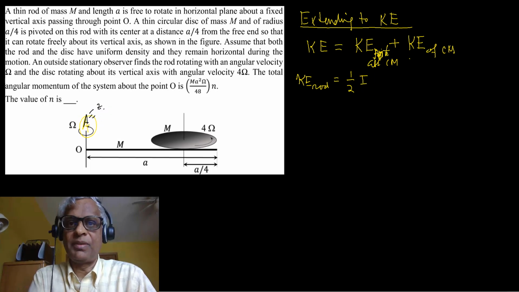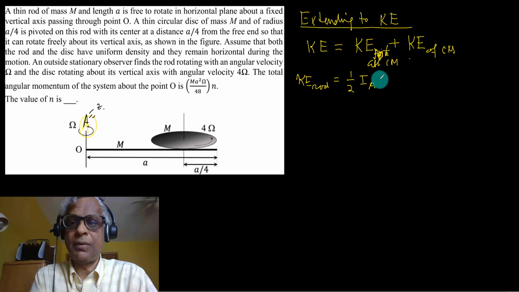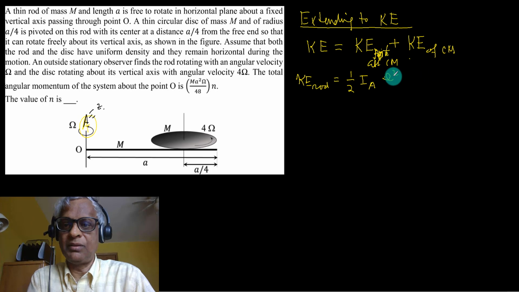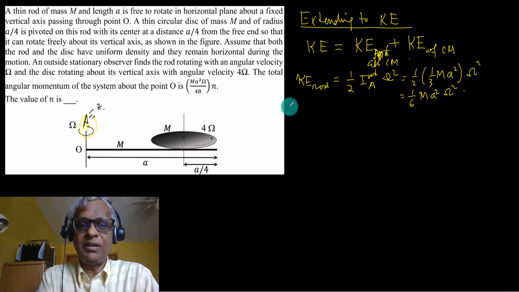Axis A and omega square, and for the rod, there's 1/3 ma square omega square. So this is simply 1/6 ma square omega square. How about the kinetic energy of the disk?